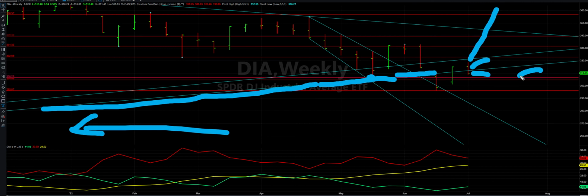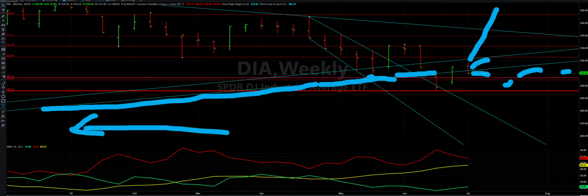Look, this red line here is 306.28. The one right below it is 304.66. We closed today right here at 310. So 306.28 is the level on the DIA.